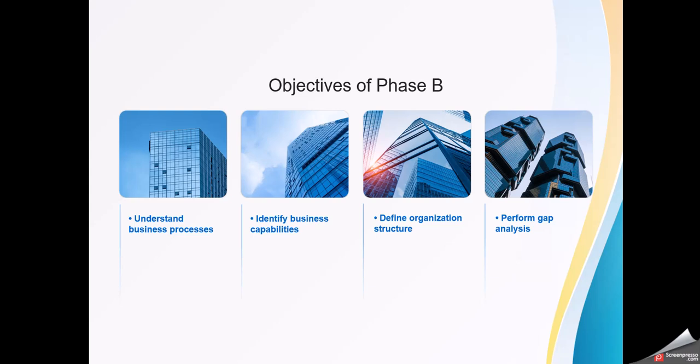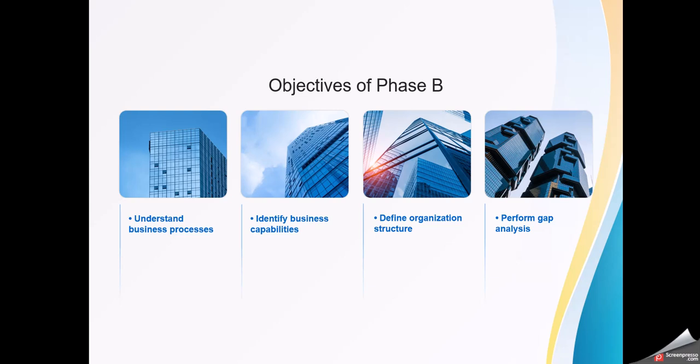In the middle of the changes, if the organization says no, I don't have the funds to do it, or I don't have the people to do it, you can't do anything. So up front you need to check the business capability of the organization. Then define the organization structure.